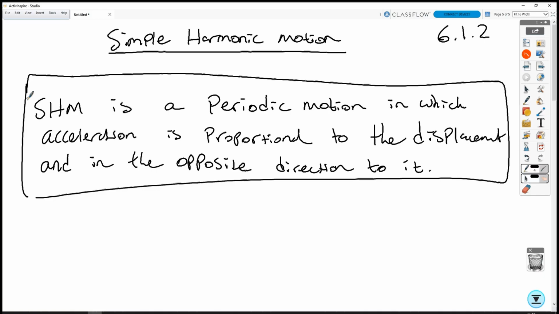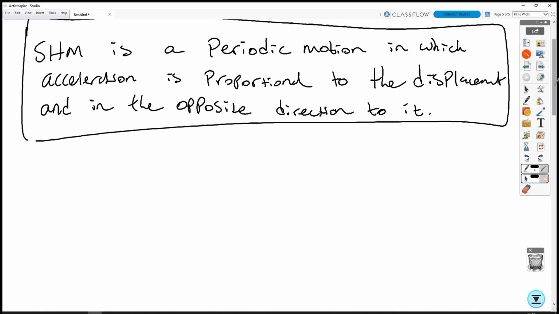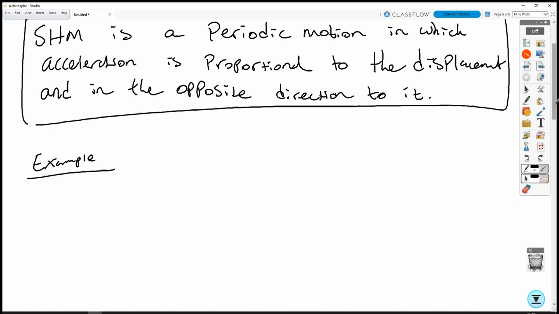So let's look at an example of what this looks like. If we have two pendulums set up, where the dotted line represents the central axis, if we have one pendulum that's displaced this far out, its displacement is to the right, and we call that x.